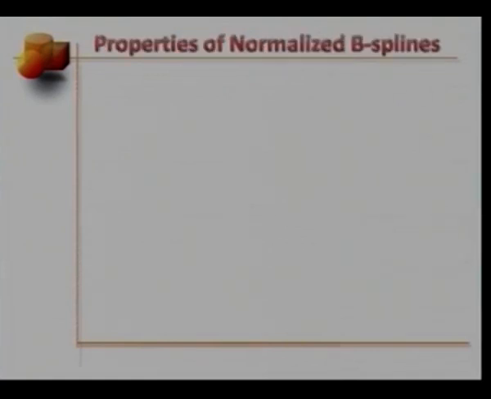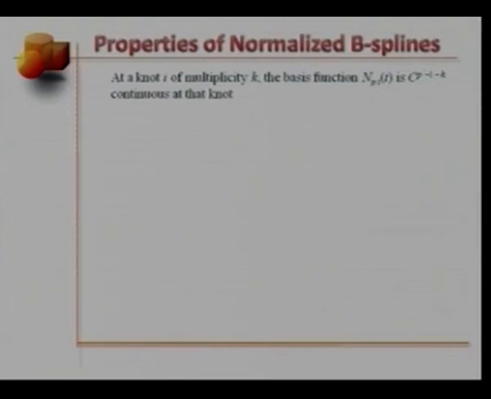First, let's look at the graphics as to what happens if I use multiple knots. This is an important observation. At a knot of multiplicity k, the basis function N_{i,p}(t) is C^(p-1-k) continuous at that knot.